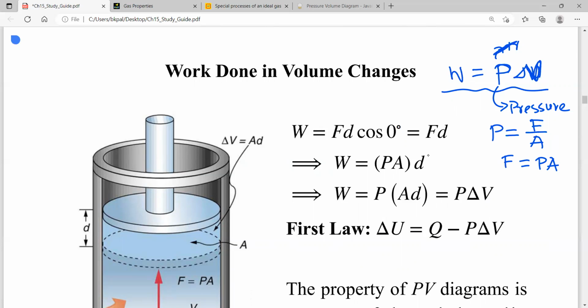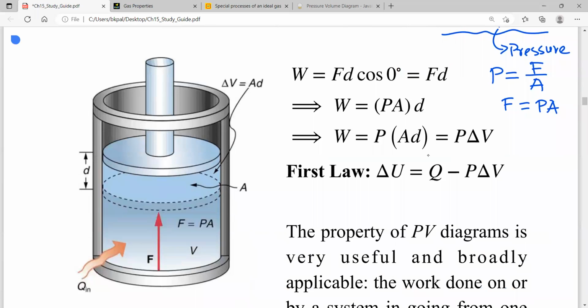Now let's say we have a system, a gas, and a force is applied to this piston. Because of this force, I want to know what the work done is. Let's say its initial position was this one, and because of this force it went to this position, so it changes by this amount. This is the displacement.